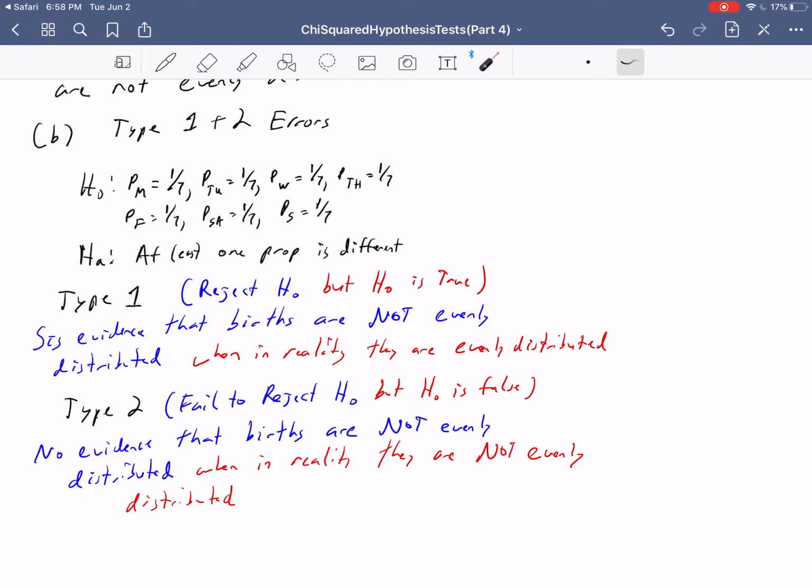We basically continue to believe that the births are randomly distributed, but in reality, there really is something going on, and that could be major cause for concern if doctors are inducing labors on certain days or something like that. Obviously, it doesn't imply that something is guaranteed to be going on, but it certainly would warrant some more investigation. But unfortunately, in a type 2, we wouldn't realize that further investigation would actually be necessary.